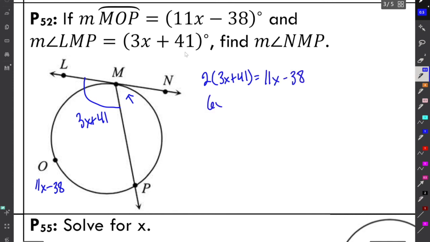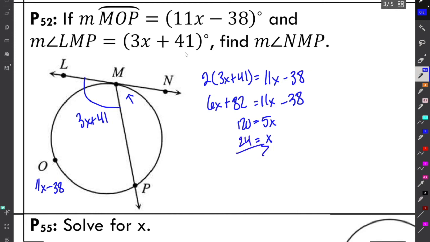So 6x plus 82 is 11x minus 38. Subtract 6x from both sides. Add 38 to both sides. 82 plus 38 gives me 120. Dividing both sides by 5, 120 divided by 5 is equal to 24.